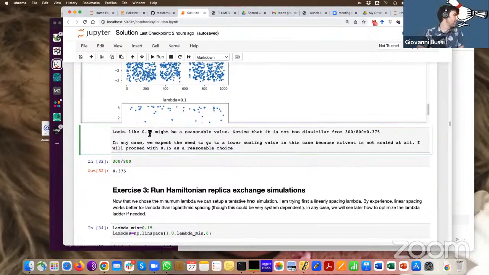Then you could compare the 0.15 with 300 divided by 800. It's kind of comparable, but it's smaller. In other words, you have to go to a higher effective temperature to see events. This is expected. On the other hand, we will see that you need way fewer replicas.